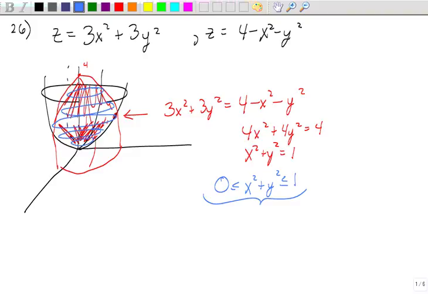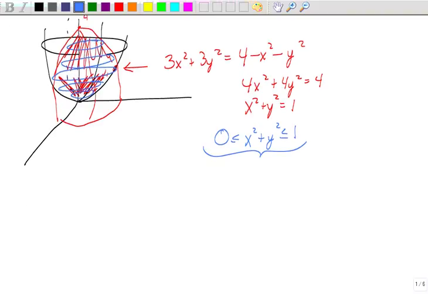When I integrate this, I know r is less than 1, greater than 0, and I'm going to change this to polar coordinates.